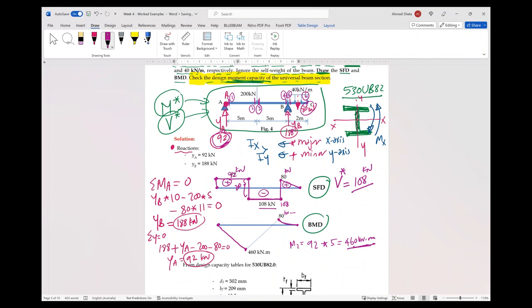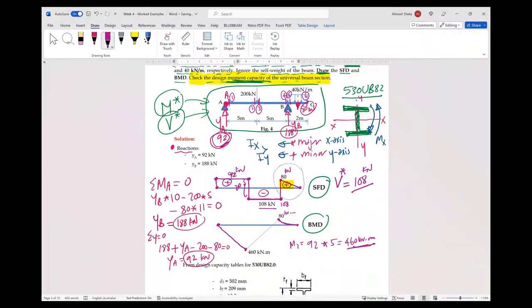Because if we look at the shear, is the shear from left or right? Right. So if you consider the area of shear, it is positive, but because it is from the right, the shear from the right is the opposite of the left. So that's why it should be above the datum.